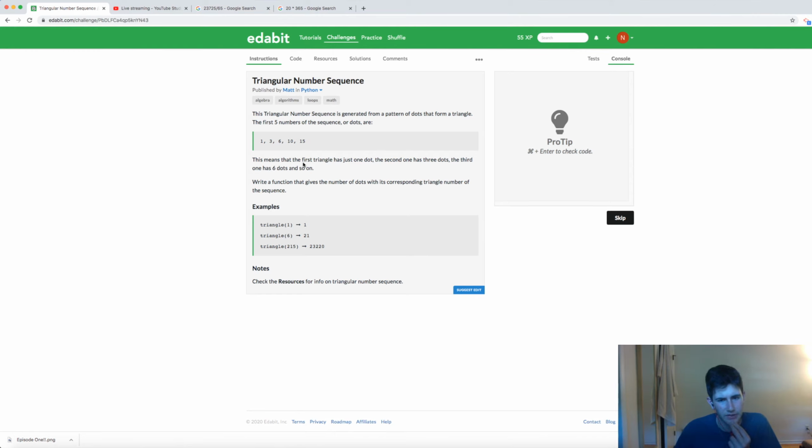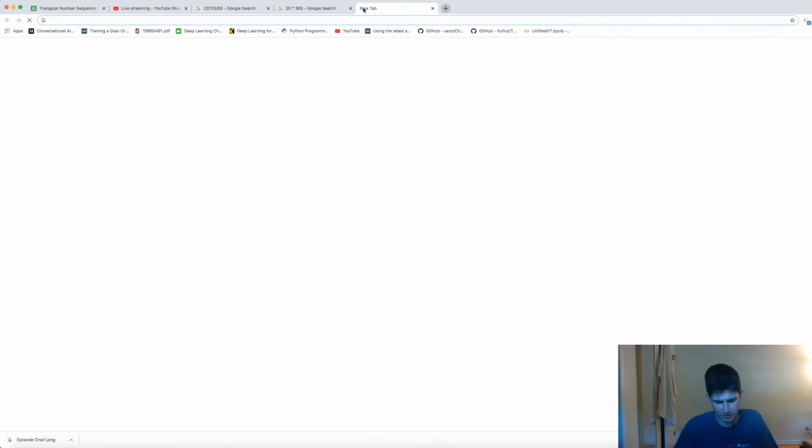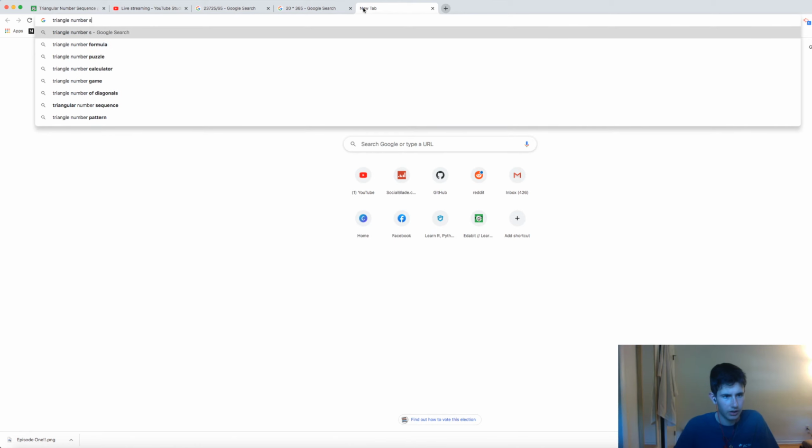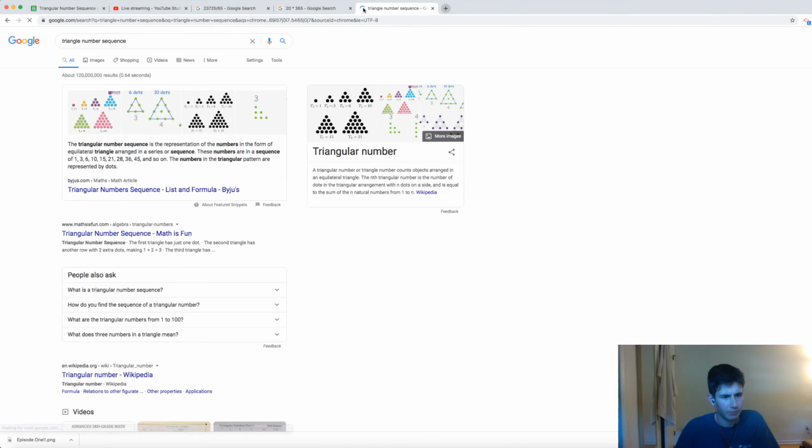The second one has 3 dots, and the third one has 6 dots, and so on. Oh, okay. Write a function that gives a number of dots with its corresponding triangle number of the sequence. I have to look up exactly what the triangle number sequence is, so I'm not exactly sure.